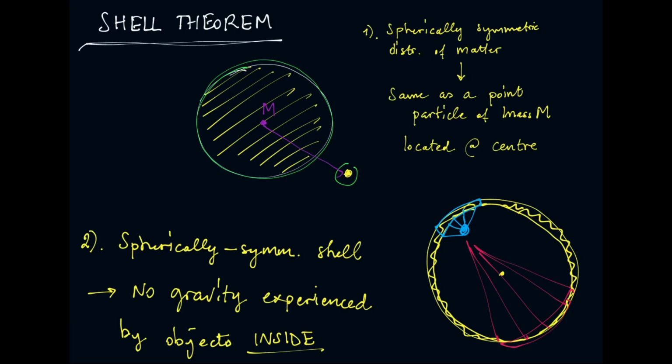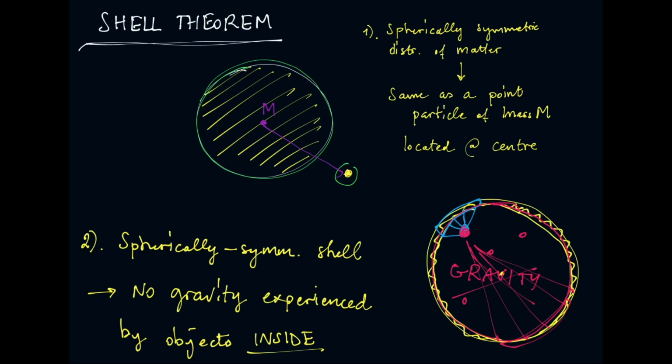Because of the larger distance, but there's more of those, somehow the gravitational interaction from all points on this shell is such that anywhere you put an object inside, there's no gravitational force, which is really incredible.